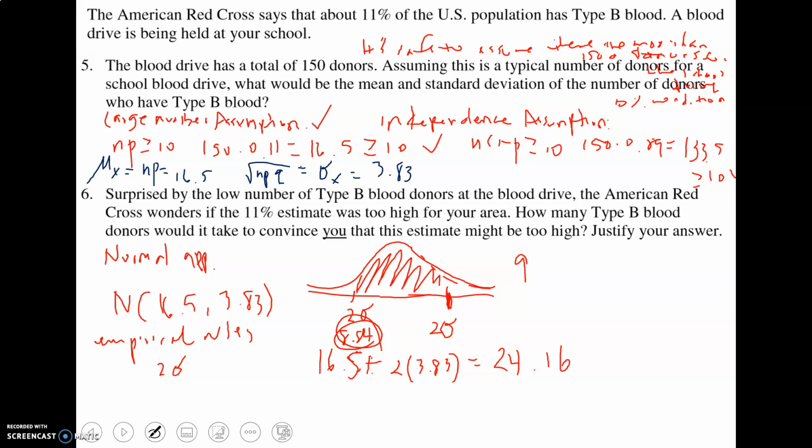So if I have 9 or fewer donors showing type B out of 150 donors, then I would be convinced that this estimate might be too high.